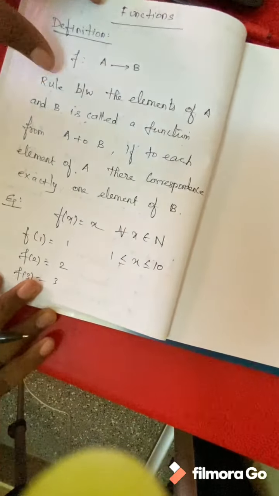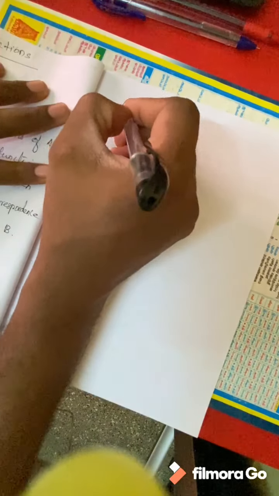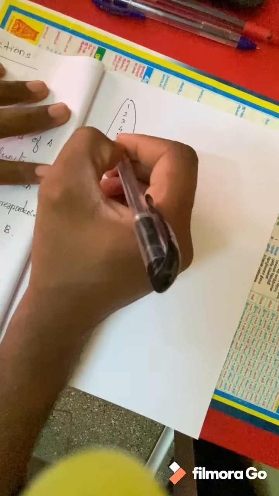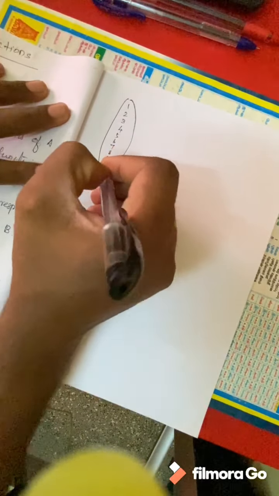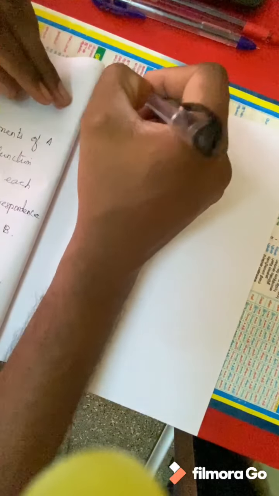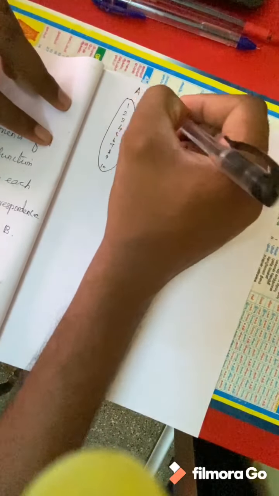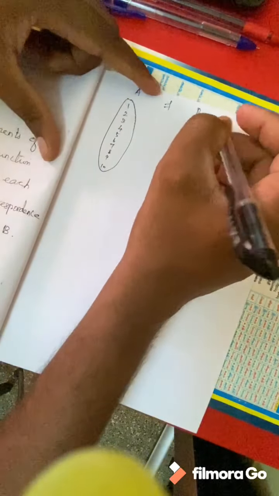This is A and this is B. The function is f of x is equal to x.